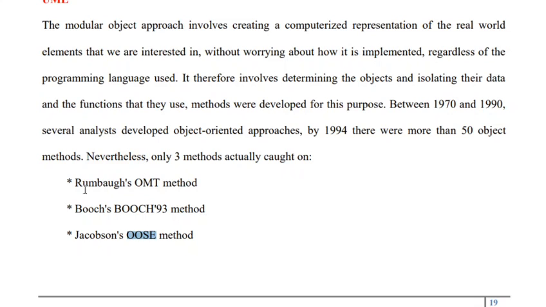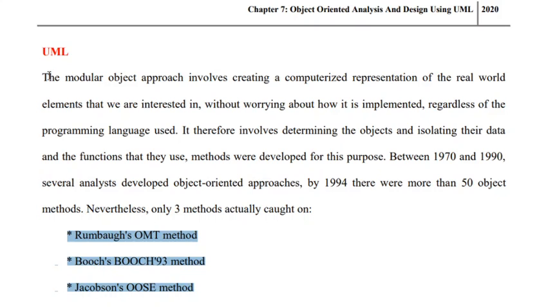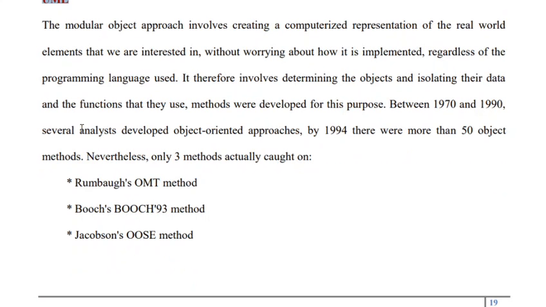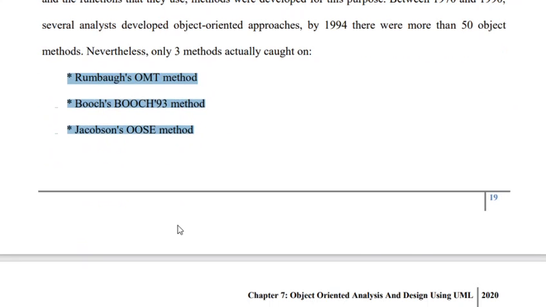So these were the three representation mechanisms of object-oriented systems that were integrated together to form the Unified Modeling Language. That's the reason why it's called Unified Modeling Language, because it is formed after the unification of OMT, Booch, and OOSE.